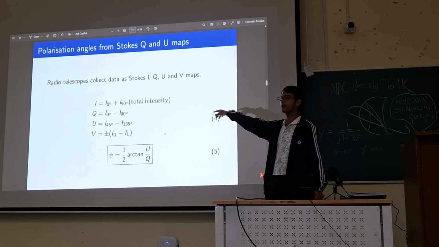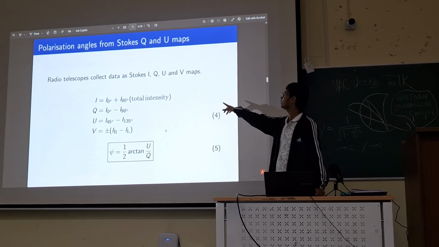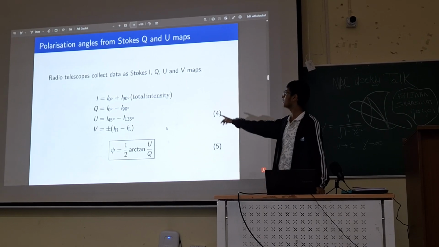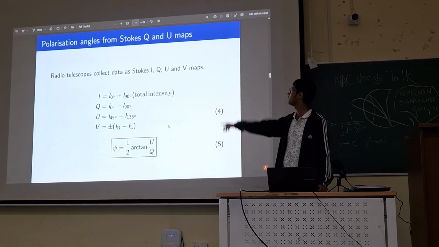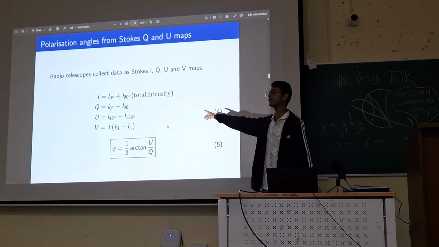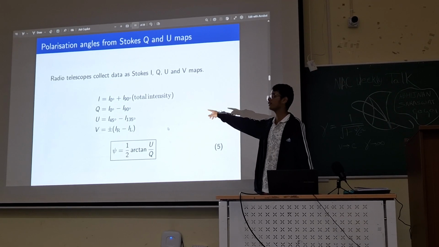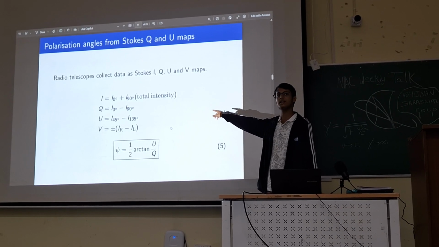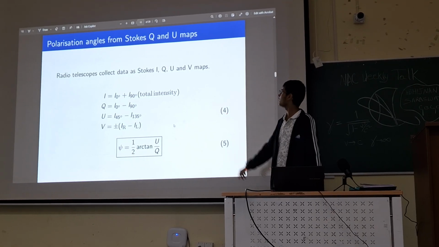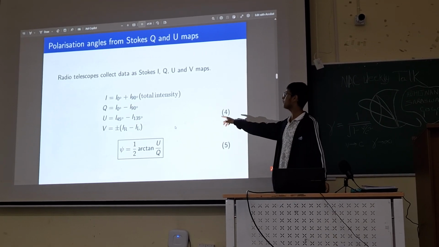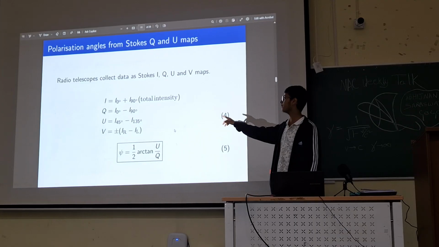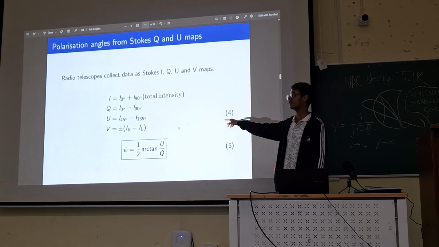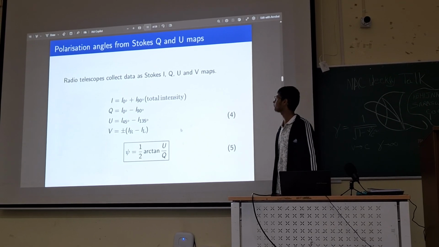So that is the Stokes I map. Similarly, Stokes Q map is basically intensity in 0 degrees minus the intensity in 90 degrees. And similarly for Stokes U map, intensity in 45 degree angle minus the intensity in 135 degree angle.